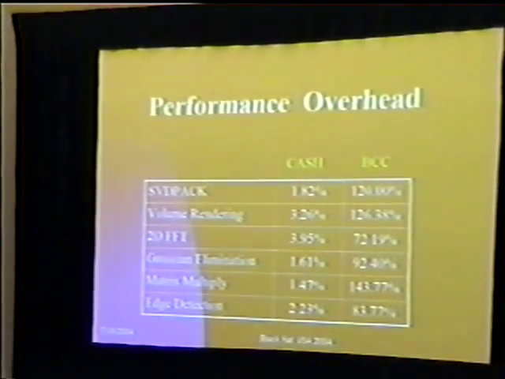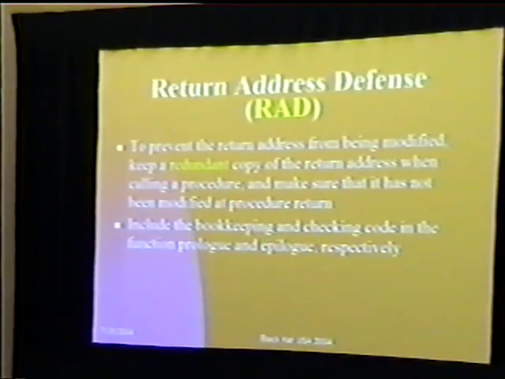Like, for example, SVD pack gives you 120% performance overhead. That means it's 2.2 times slower, right? That's what we mean. And in the case of CASH, which is our approach, it only incurs 1.82% performance overhead. It's almost nothing. It's sort of buried in the statistical noise, right? So that's the interesting result of this particular work.